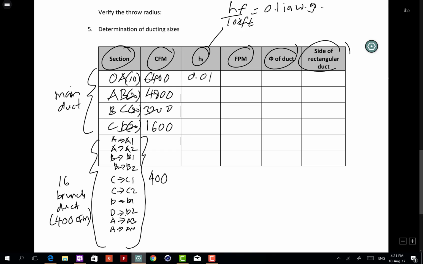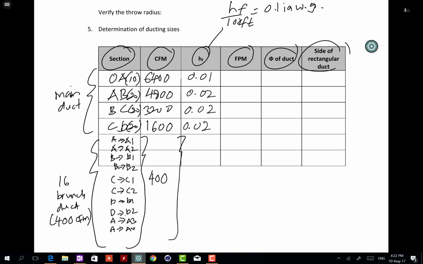Here it becomes 0.1 over 100 multiplied by the length of the section, 20, it becomes 0.02. So I just write 0.02. This is also 0.02, this is the same 0.02.